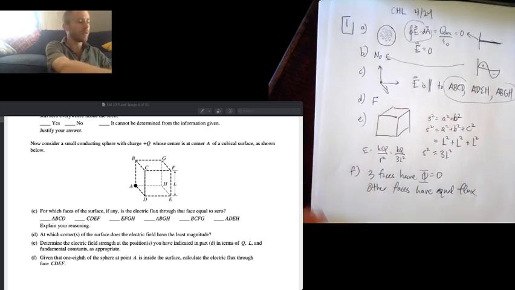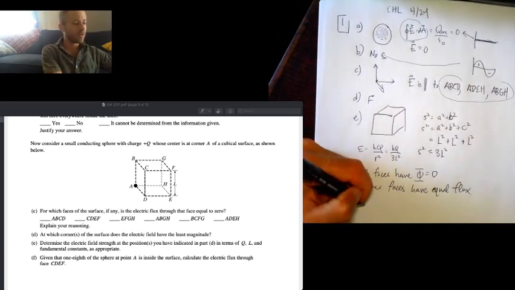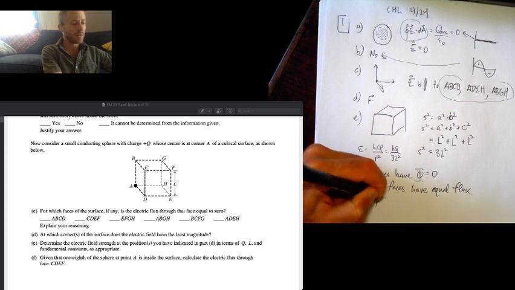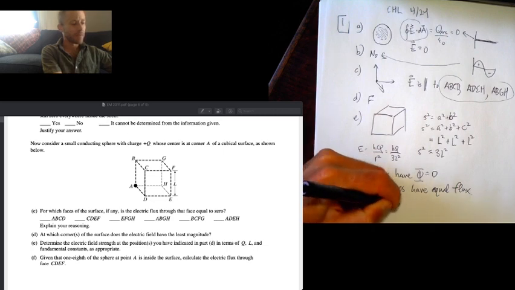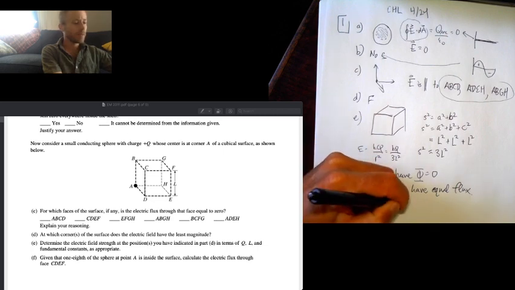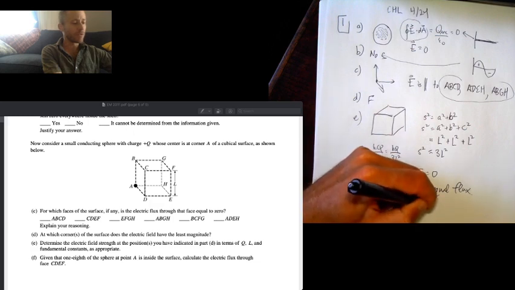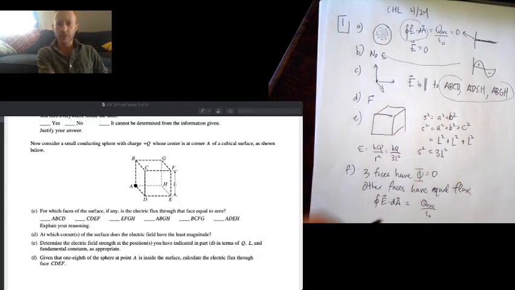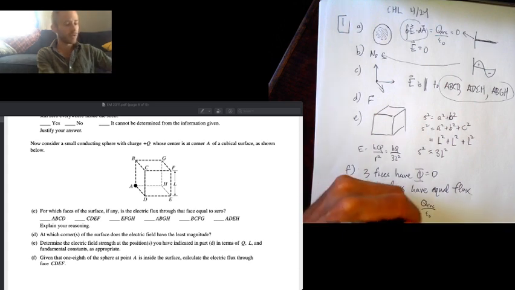And so for that reason, setting up Gauss's law, E dot dA equals charge enclosed over epsilon naught. The charge enclosed, it said, is 1/8 of the entire amount of charge, so we have Q over 8 epsilon naught.